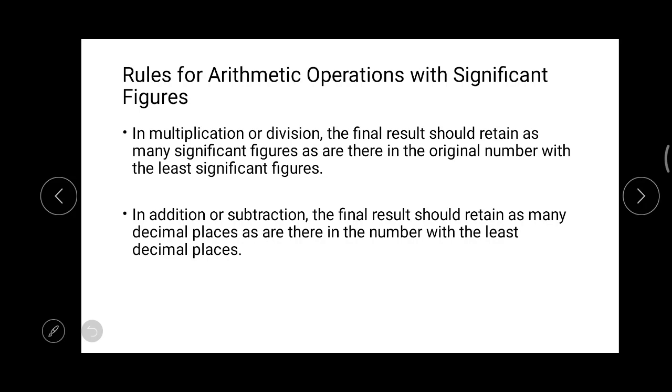Regarding the rules for arithmetic operations with significant figures, there are two major rules. The first one is for multiplication and division, and the other is for addition and subtraction.